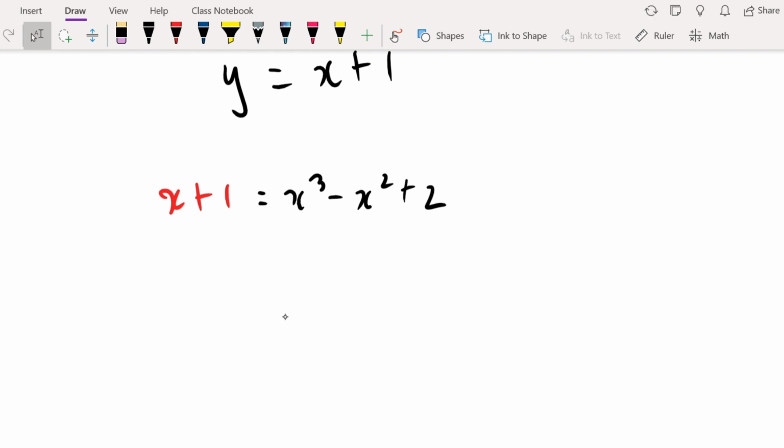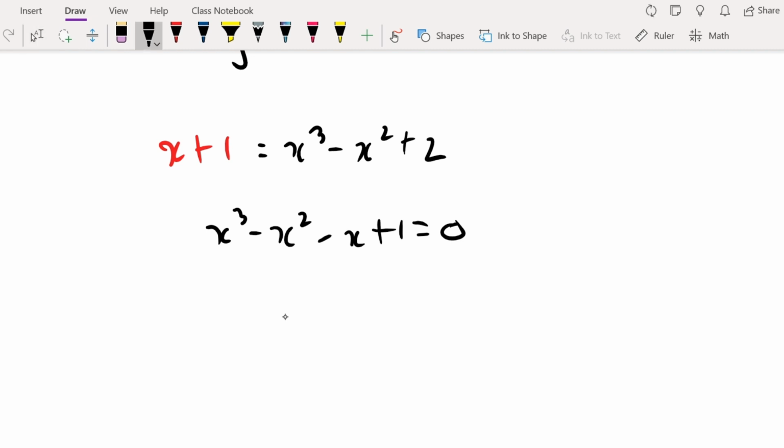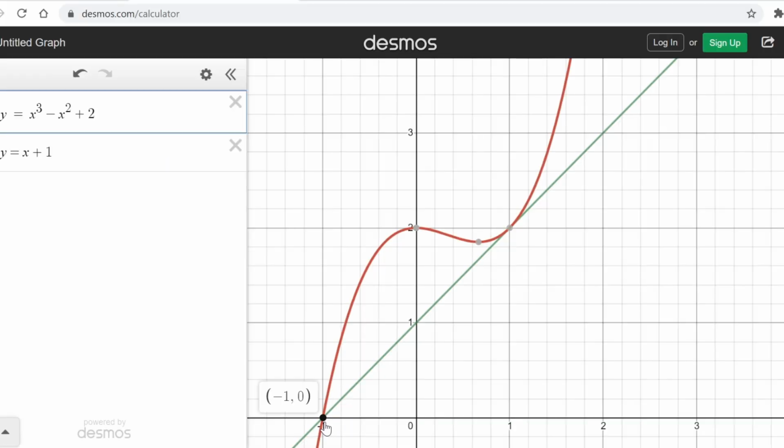You could rearrange this to get x cubed take x squared take x plus 1 equals 0. Now we're not going to be able to solve that easily, but theoretically we could get a value of x. And actually, I reckon we can just see it here. x is 1, that works. And where is this tangent going to meet the curve again? It's going to meet at -1.